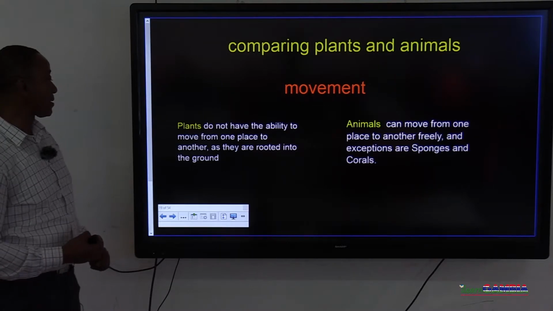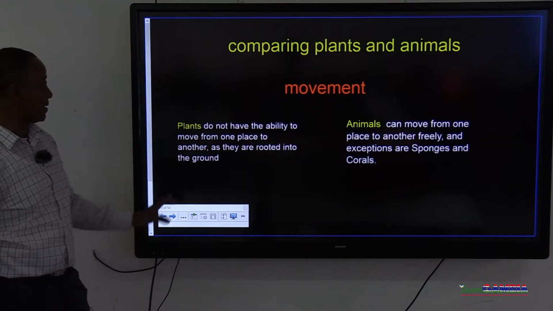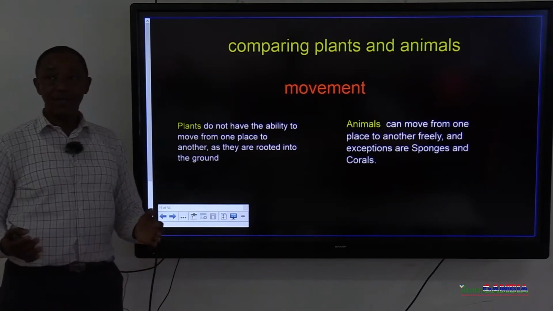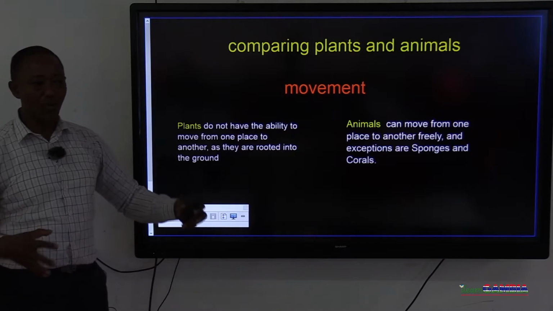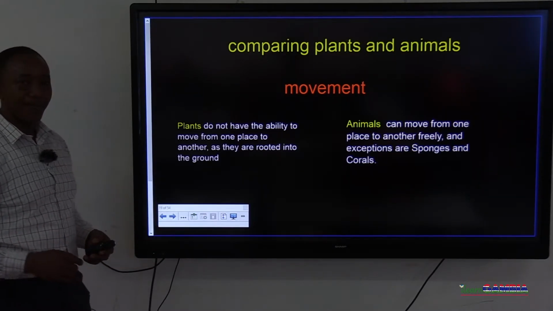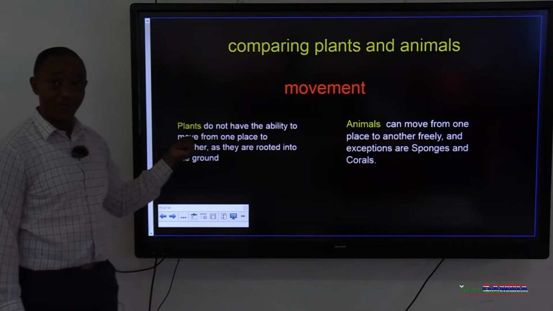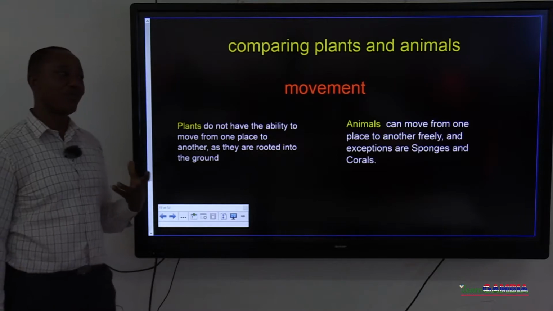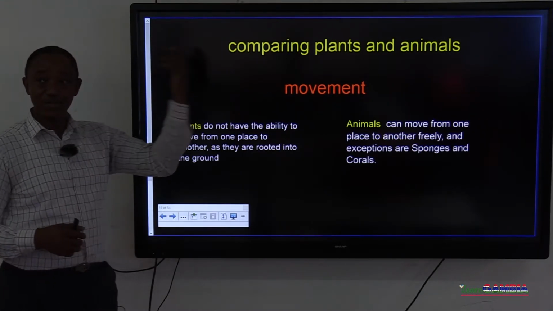Now, plants do not have the ability to move from one place to another, as they are rooted in the ground. In the soil, the roots hold them firmly in the ground so that they don't fall. And so because of that, they cannot do the movements that animals do. However, don't forget that plants are capable of some form of movement. This is easily seen in the form of growth.